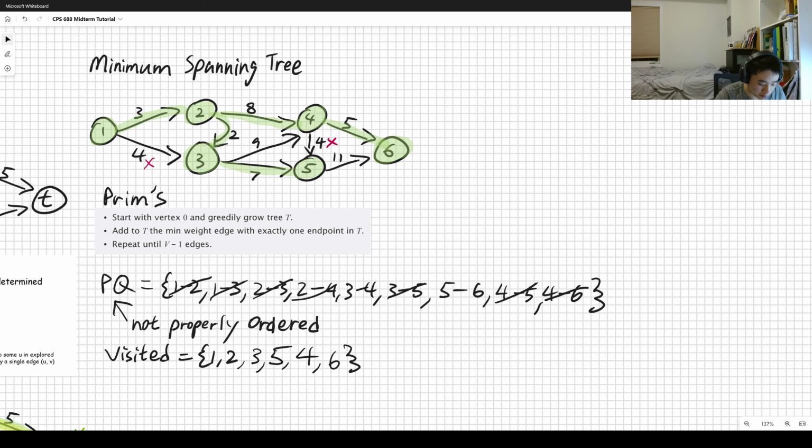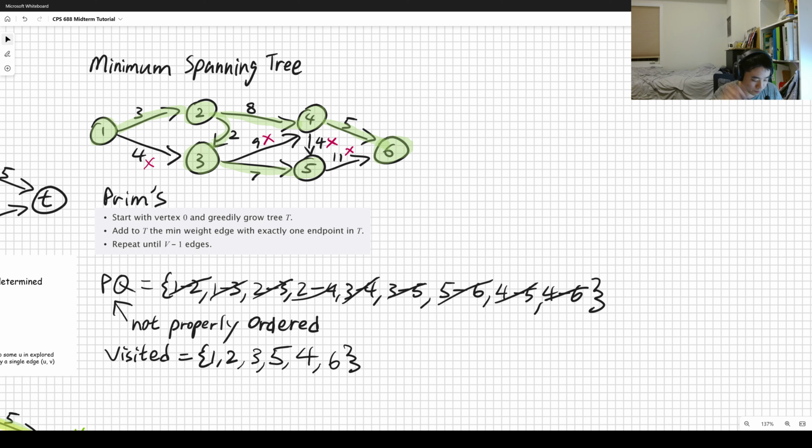So the next in the priority queue is 3 to 4, which has the weight of 9, but that makes a cycle, so this would be rejected. Same goes for 11, which will be rejected as well because that will make a cycle between 4, 5, and 6.